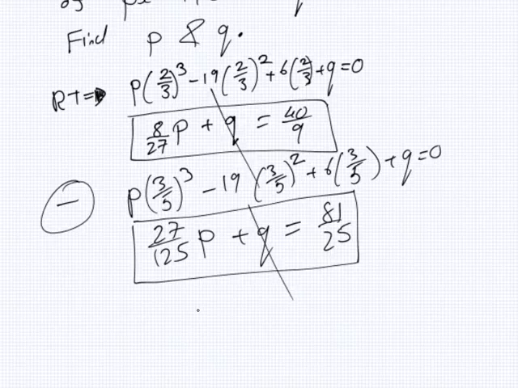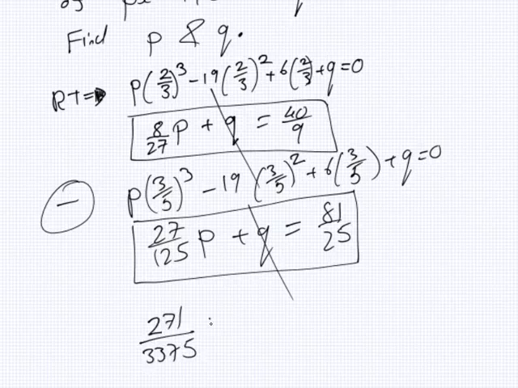8 over 27 minus 27 over 125, that's 271 over 3375 P equals, and then 40 over 9 minus 81 over 25, 271 over 225 when you minus these.